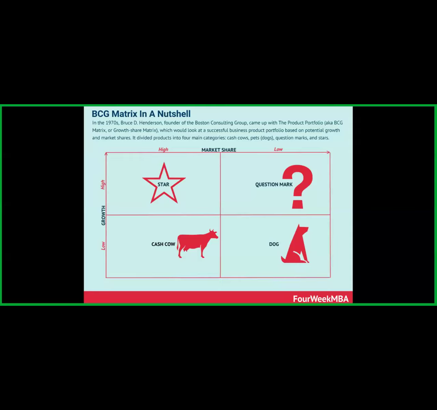Market share of that particular product of a company is low, as well as potential is low. In question mark, we have seen market share of that company is less, but potential is more. Under dog, both market share of a particular company and market growth are less. So growth is slowly coming up. It has started growing. It has not grown up a lot.